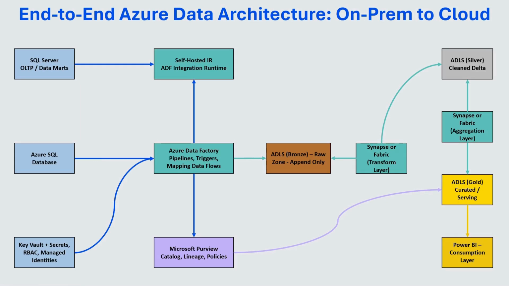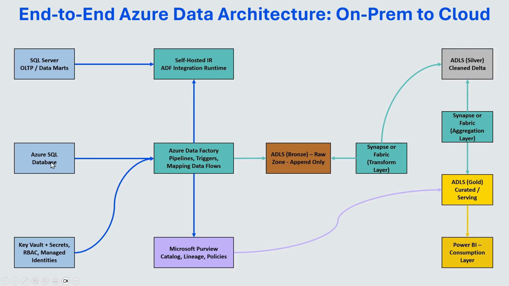This is the architecture, the on-premises to cloud migration architecture. Basically, we've got a SQL Server source here, and this is our ETL tool, Azure Data Factory, and ADF gets connected to the source system via the self-hosted integration runtime. So we need to configure this integration runtime in our on-premises environment, and that's also demonstrated in this video.